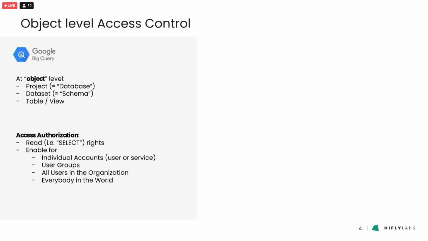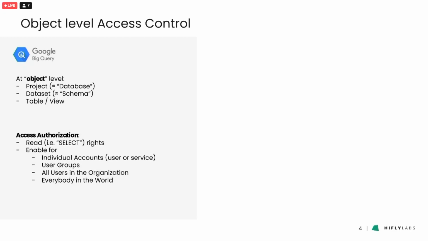So it's obviously possible to allow users or deny users from using a certain database or a certain data set. That's pretty trivial in every setting. You can obviously enable reading and writing, although it's very unconventional for analytics warehouses to allow users to actually update data there directly. So that's something we almost never do.